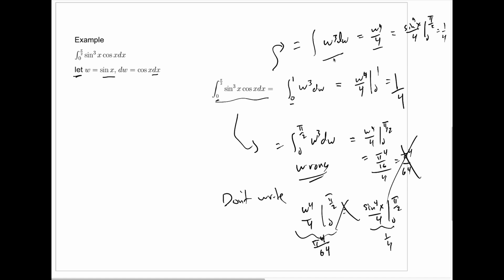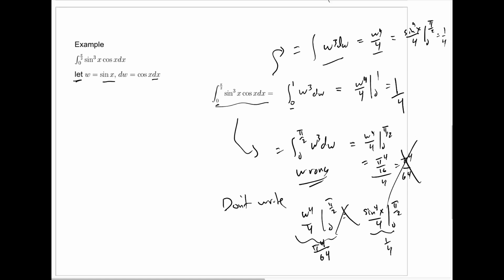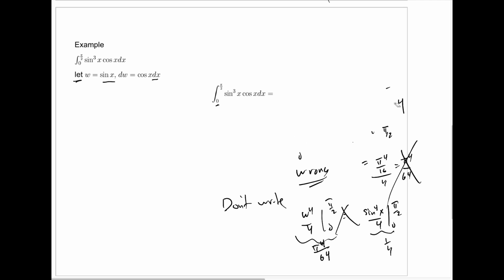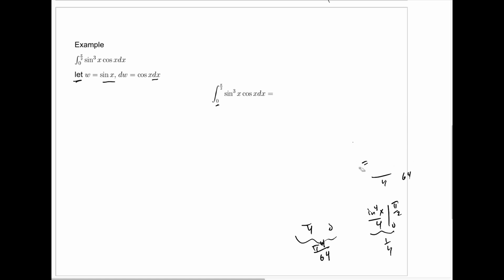It's okay to evaluate an indefinite integral first, if you're going to do that clearly and separately. Let me show you how you would want to do that. Just erasing all this stuff. If you want to use an indefinite integral, tell the reader that's what you're doing.